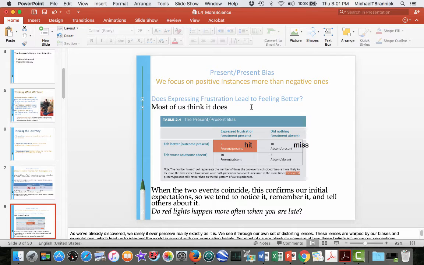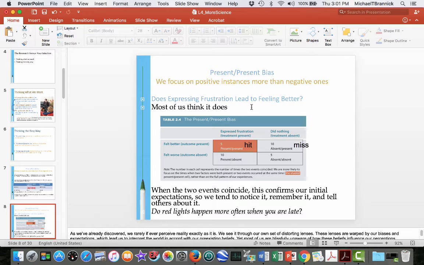Remember, I showed you that study about expressing frustration versus sitting quietly and meditating, and the meditation actually led to less subsequent expression of hostility. So when two events coincide, that confirms our initial expectation. We notice it, we remember it, tell other people about it, and we assume there's an association there when maybe there is, maybe there isn't.